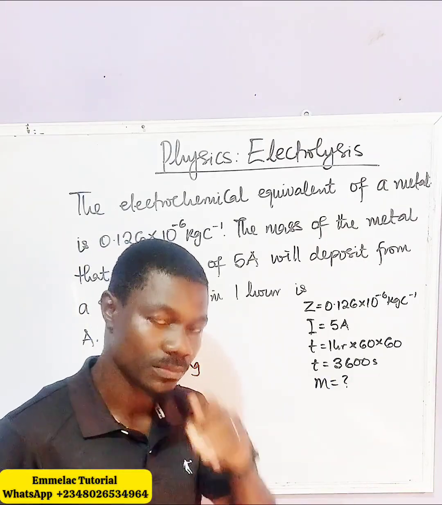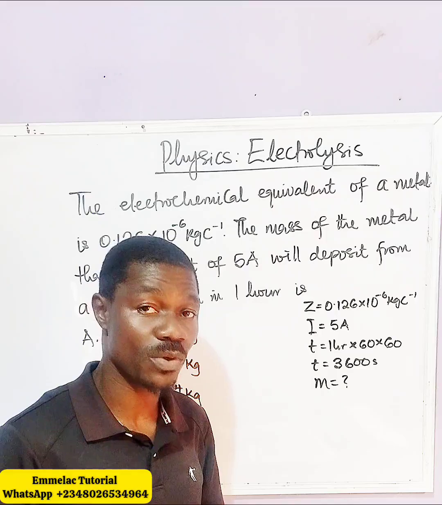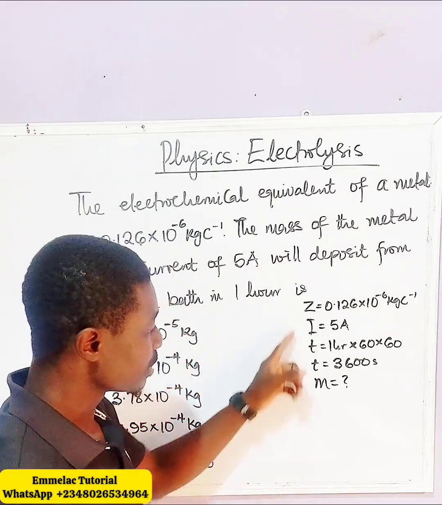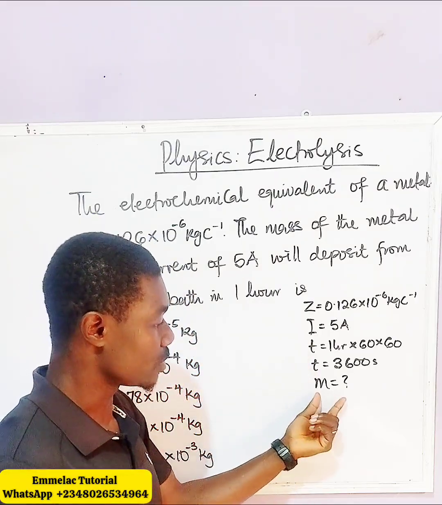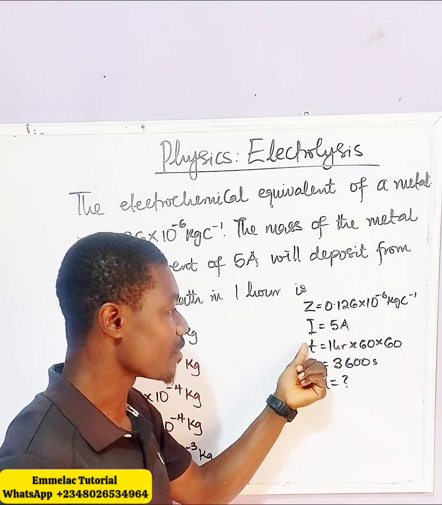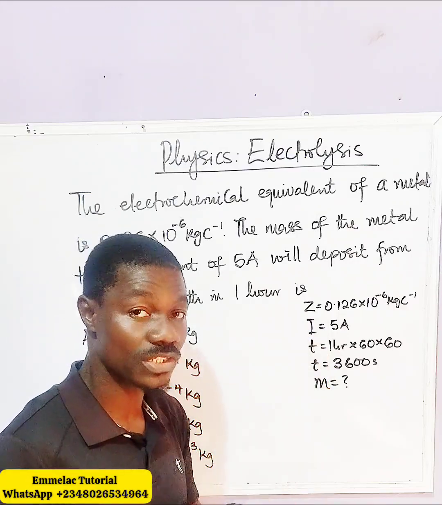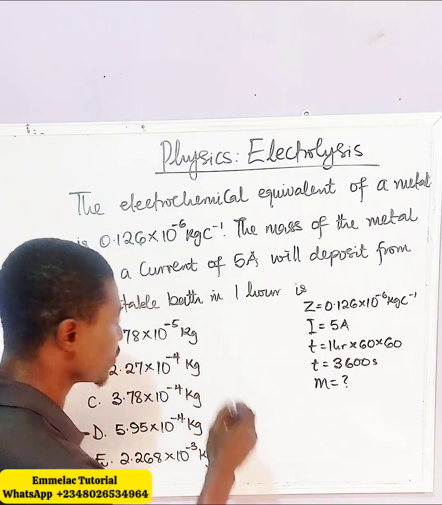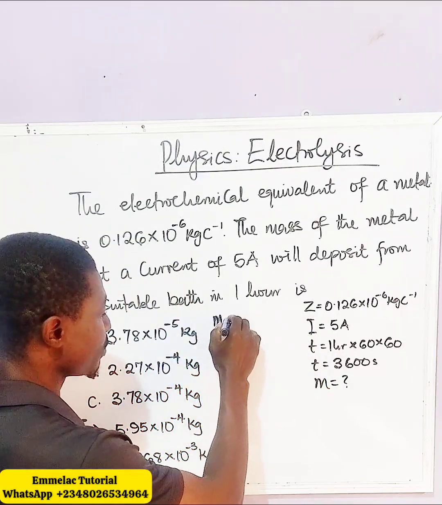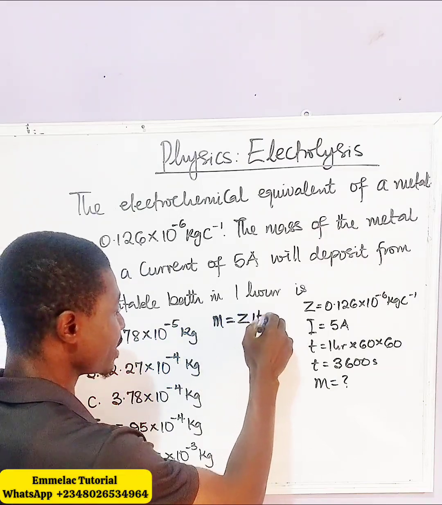Okay. Now, what we need to do now is to recall the formula that gives the relationship between mass, time, the chemical equivalent, and the current. So the relationship between them is given by this formula: M equals ZIT.